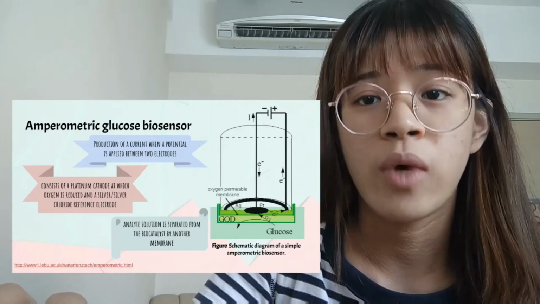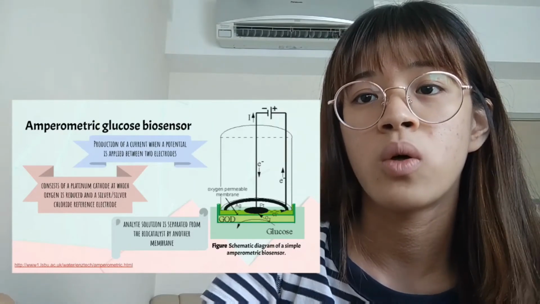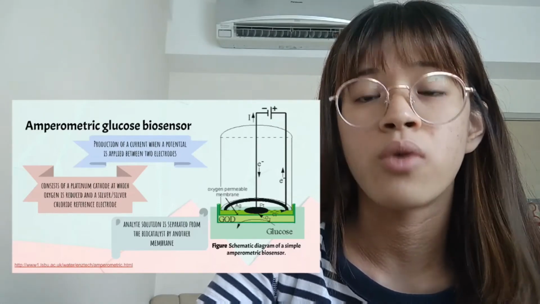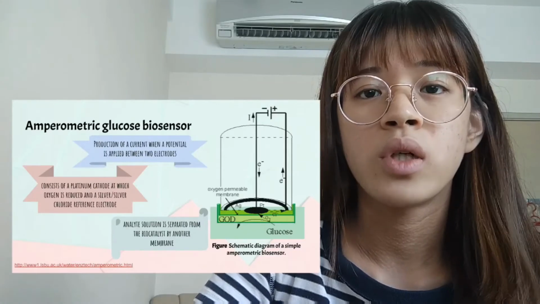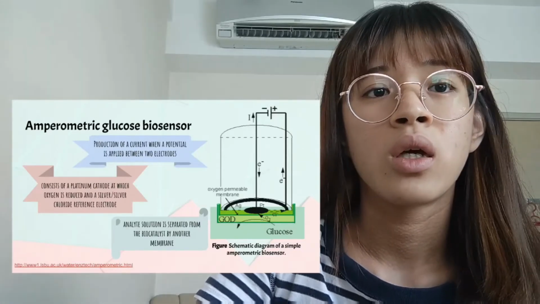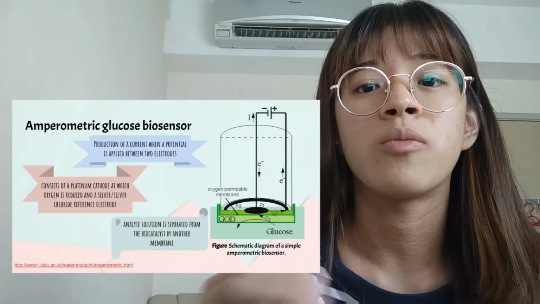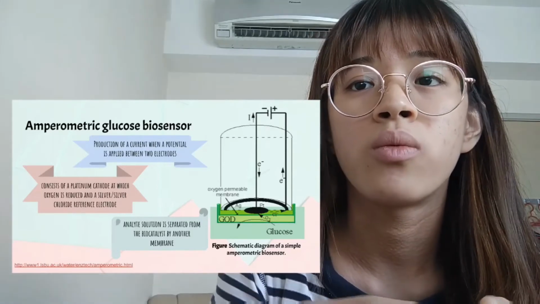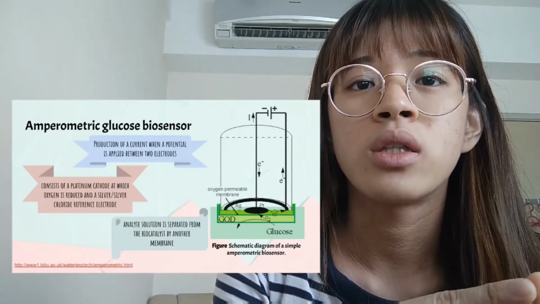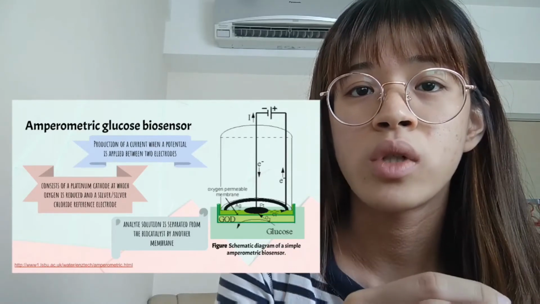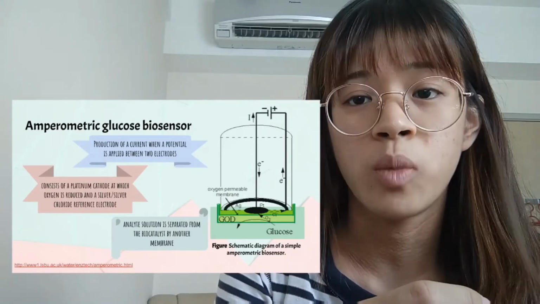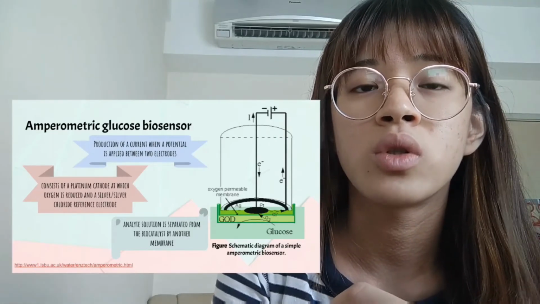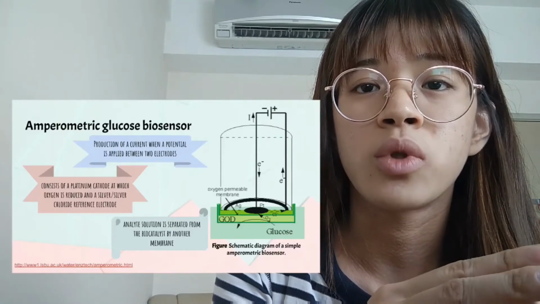As you can see, this biosensor actually consists of a platinum cathode, at which the oxygen is reduced, and a silver chloride reference electrode. How it actually works is that when a potential of 0.6 volt relative to the silver chloride electrode is applied to the platinum cathode, a current proportional to the enzyme concentration is produced.